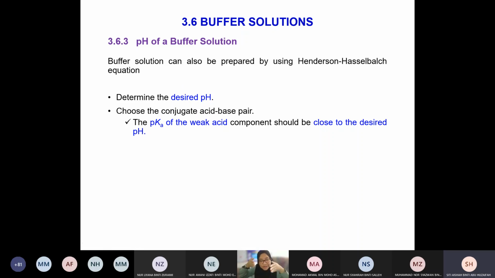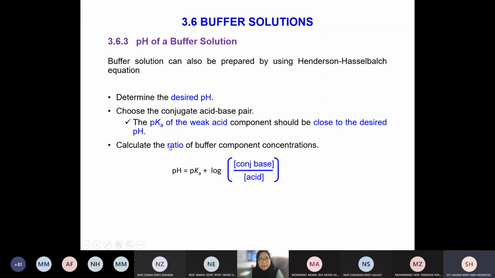Okay, so you boleh narrow down sebab tak semua weak acid will have pKa closest to your desired pH. So you boleh narrow down lah, oh yang ni je yang aku boleh pilih in order to prepare my buffer solution. Okay, so you will be based on your pKa if you decide for acid lah. Kalau you nak decide for basic buffer, that means you go for pKb.